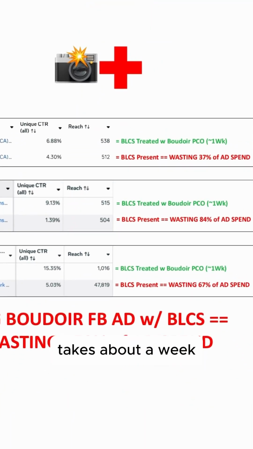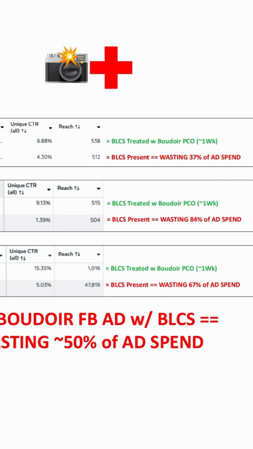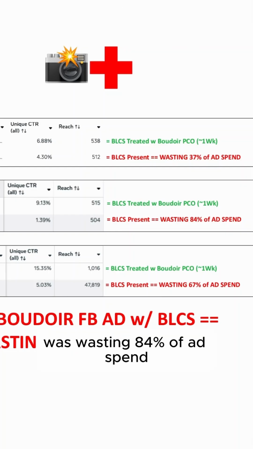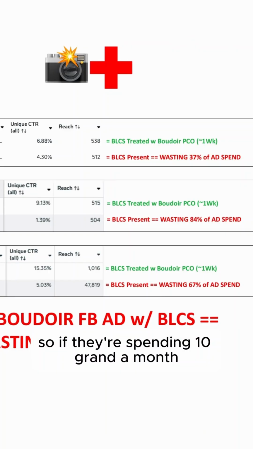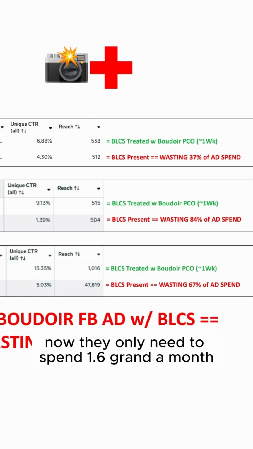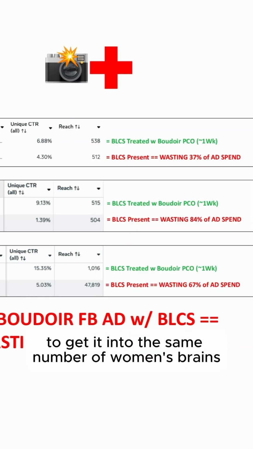Takes about a week, and got the unique CTR all up to 9.13%. So we found out the original Boudoir Facebook ad was wasting 84% of ad spend. So if they're spending 10 grand a month on the original Boudoir Facebook ad, now they only need to spend 1.6 grand a month on the Boudoir Pico treated ad to get into the same number of women's brains.